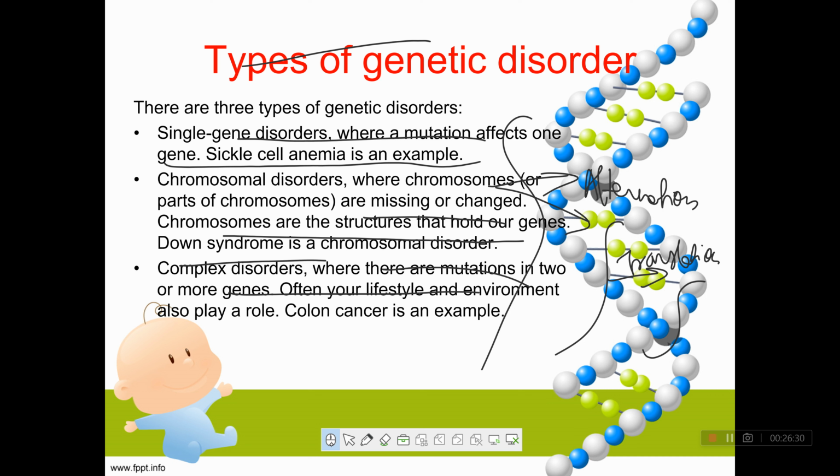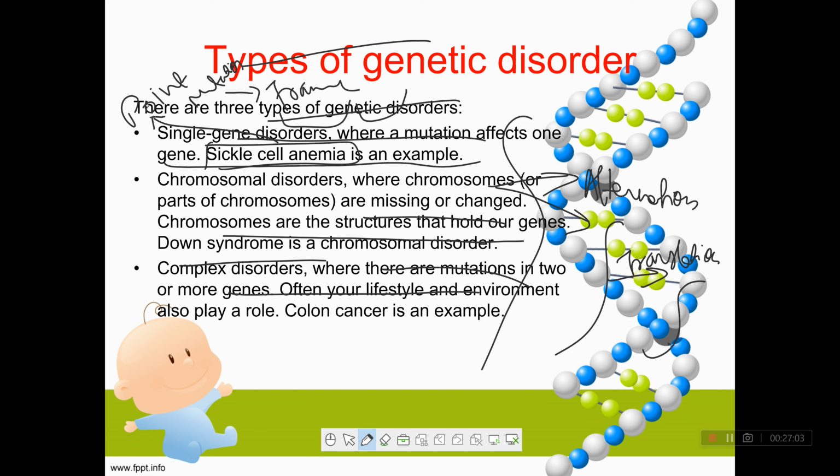Sickle cell anemia is a point mutation, meaning there is a change in a single base of the gene, or it is a frame shift mutation. After changing the single base, there is a change in the frame shift. The whole frame will be disturbed.